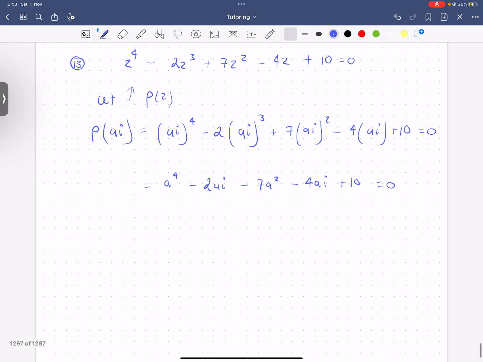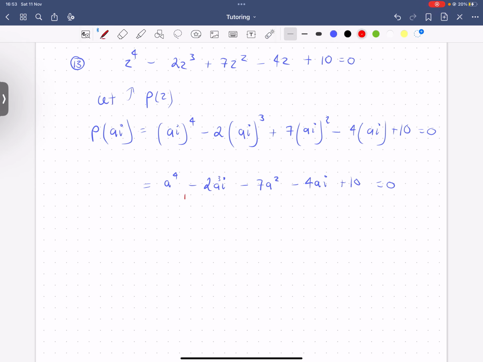Now here we're just going to equate our real and imaginary components. Let's look at the imaginary components. What I've actually missed out on is a cubed on the a, there's an a cubed there.